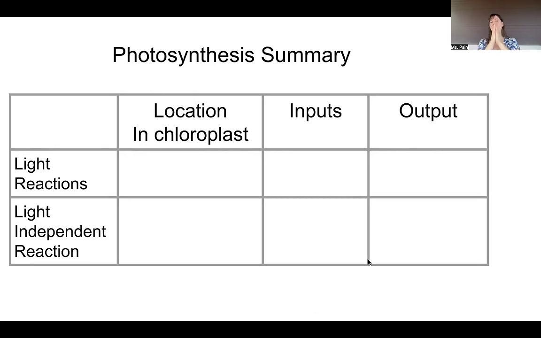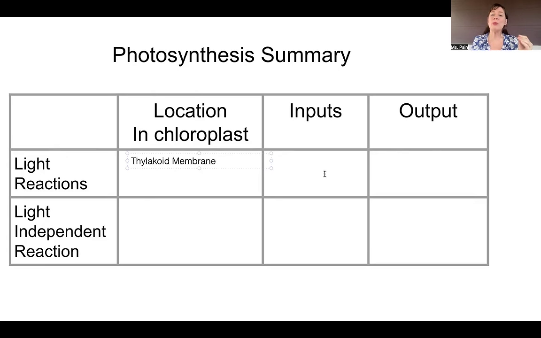So let's just quickly have a quick summary of photosynthesis. So we have our light reactions and our location in the chloroplast. So our light reaction, our location in the chloroplast is the thylakoid membrane. Do this along with me. I'm just going slow.